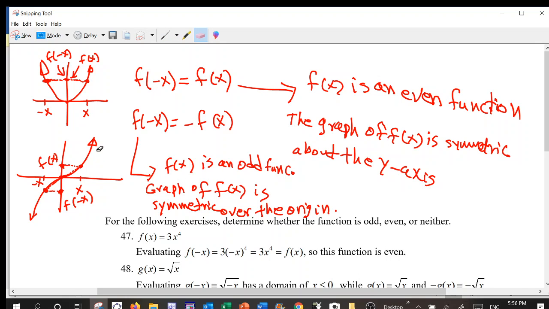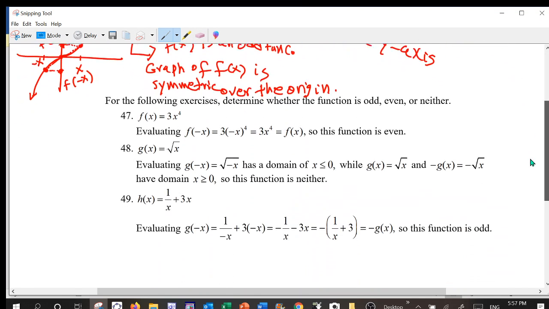Now obviously, not all functions can be categorized into only two categories, because there are some graphs that are neither symmetric with respect to y, nor symmetric with respect to the origin. So those functions are not even and they're not odd. So we call them functions that are neither odd nor even. So now we can answer this question.